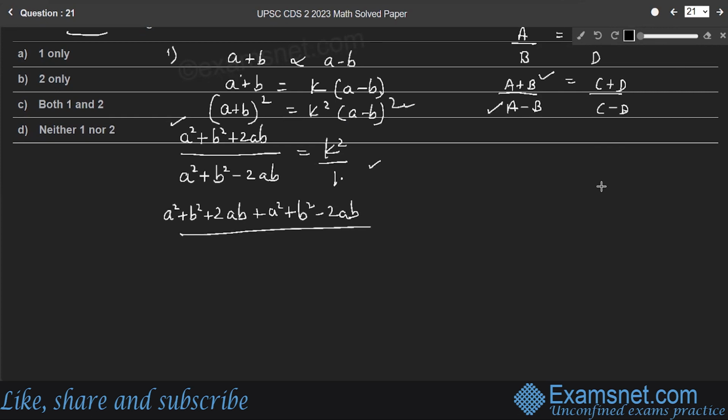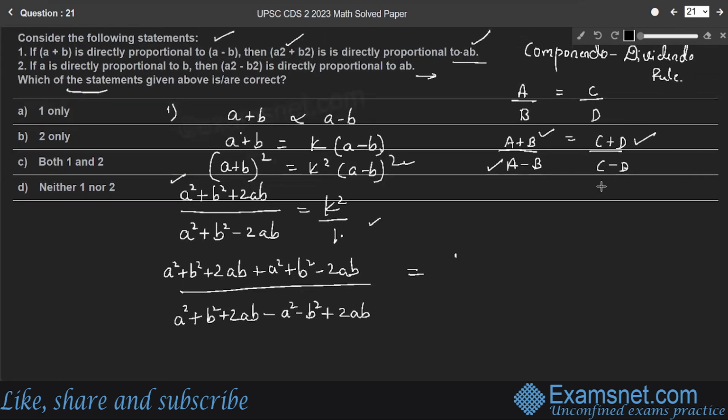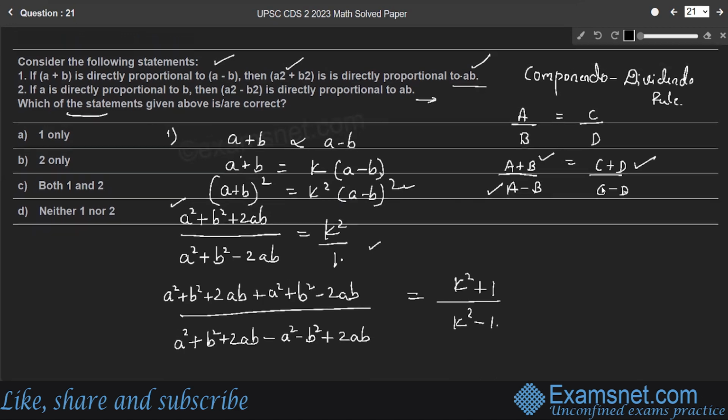A part is the numerator part, which is a square plus b square plus 2ab, minus B. B part is the denominator part, that is a square plus b square minus 2ab, so minus of minus becomes plus 2ab, is equal to C plus D by C minus D. C is k square, D is 1 plus 1 by k square minus 1, right?